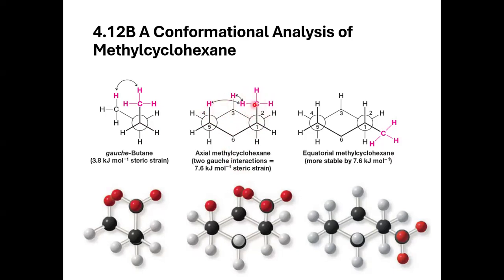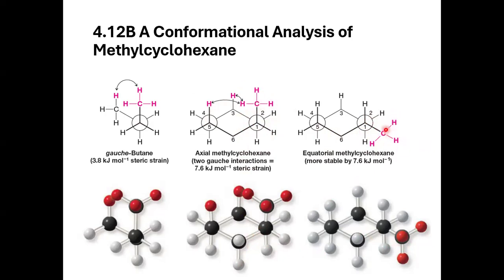If you place this in the equatorial position, like this, in methylcyclohexane, you just flip. When you flip this carbon here, the bond between carbon 1 and carbon 2 rotates to the right. So you have carbon 1 here, but from axial up, it can become equatorial, as we've learned.